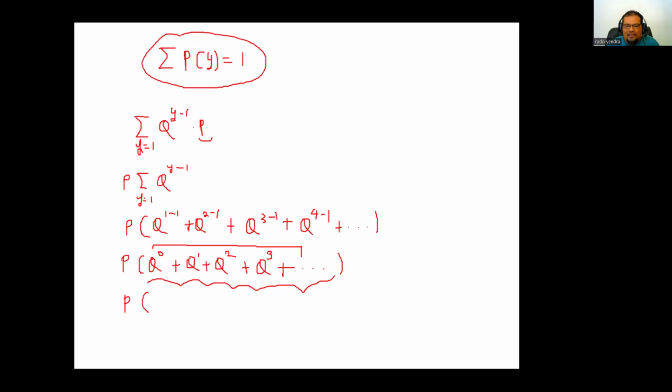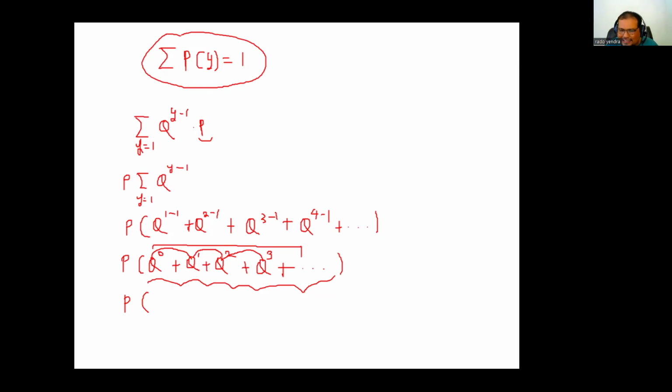Why? Because q divided by 1 is q, q to the power 2 divided by q is q, and q to the power 3 divided by q to the power 2 is q. So they have the same ratio. Ratio means we divide the later term by the earlier term.